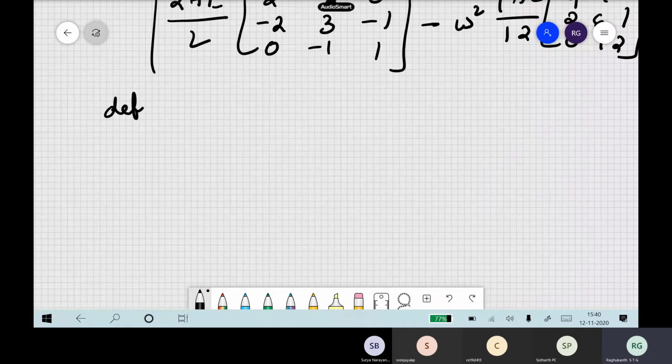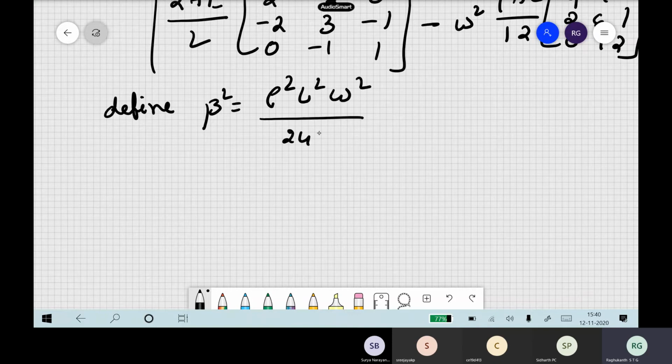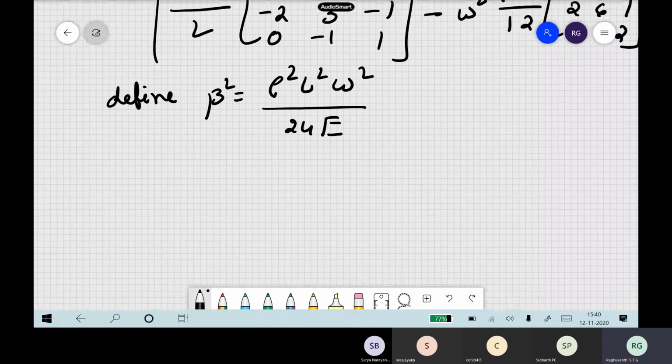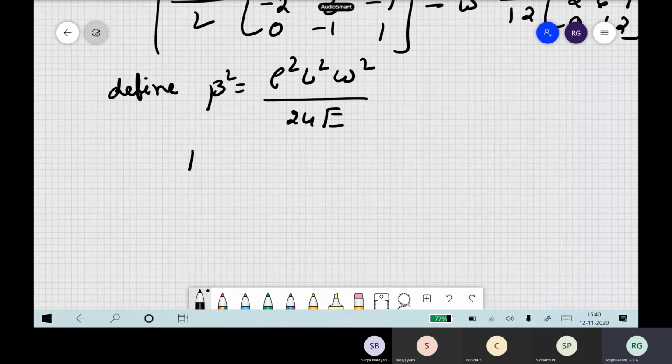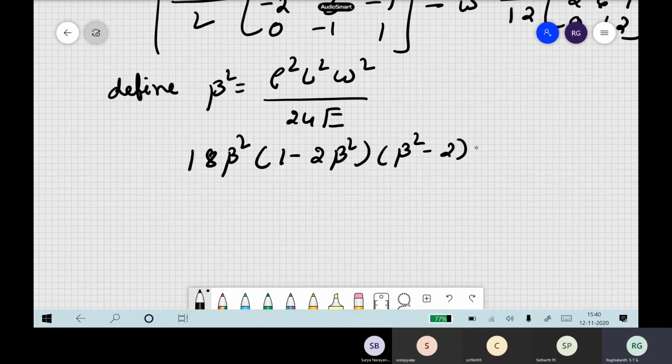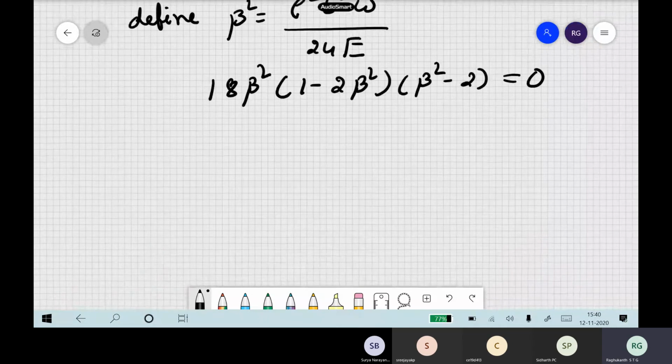If I define a new constant, say beta, as rho square L square omega square by 24E, you can write the determinant of that matrix. You will get a characteristic equation, 18 beta square times (1 minus 2 beta square) and (beta square minus 2) equal to 0. So you will have three roots.